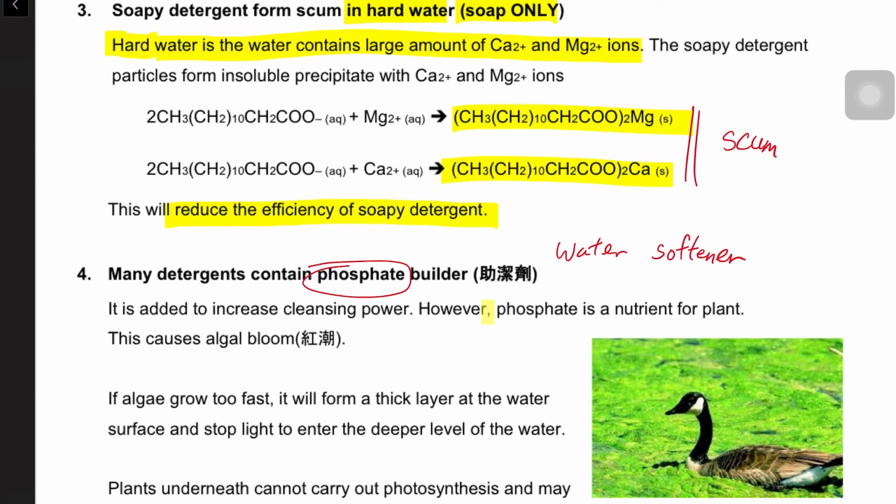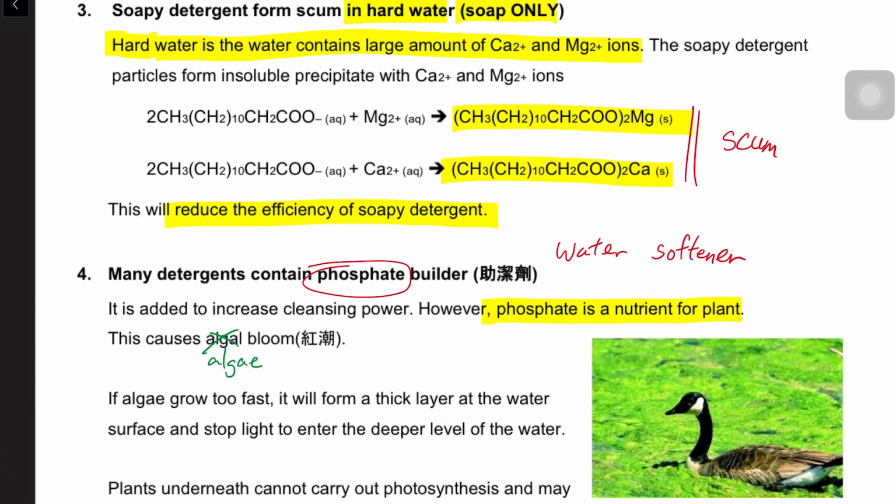So if many phosphates are discharged into the sea, then the plants will be very happy because they get plenty of nutrient, especially those algae. So this is what we call the algae boom.